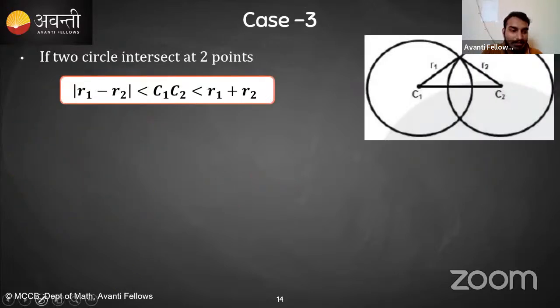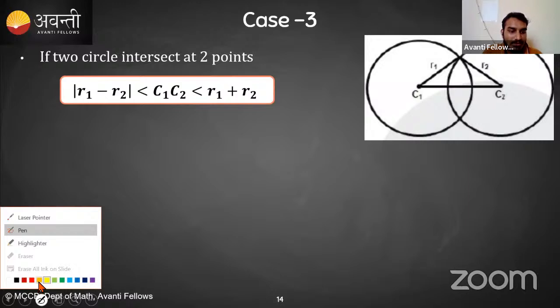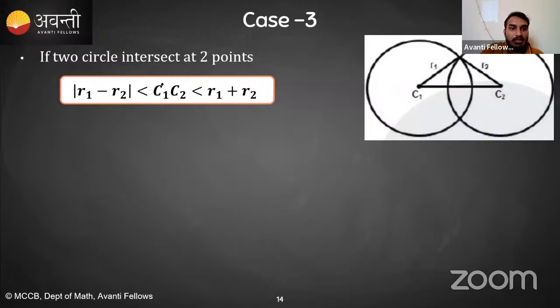Case 3 is saying that if two circles intersect at 2 points, and this is very important because many people forget this condition, then the condition is C1C2 should be less than R1 plus R2, and C1C2 should be greater than mod of R1 minus R2.